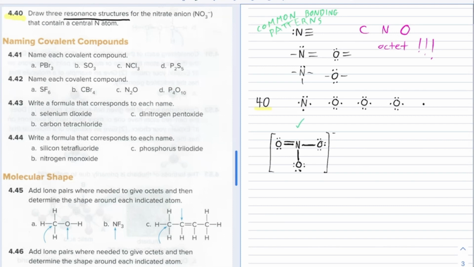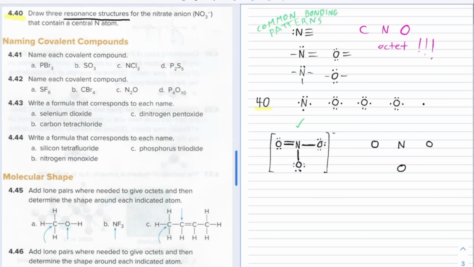And can we draw any other resonance structures? Can we take the same atomic arrangement, in other words? So here's the nitrogen. Let's put an oxygen over here, an oxygen over there, and give me more room. Nitrogen, oxygen, oxygen, and oxygen.